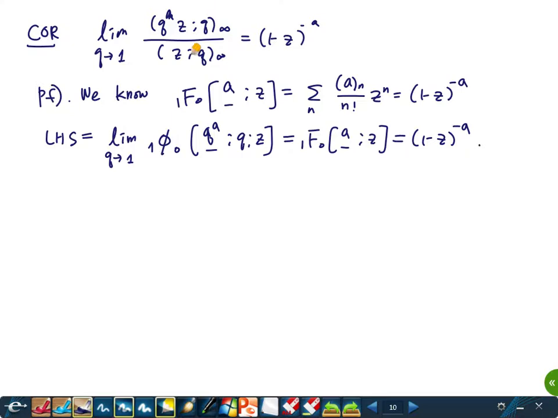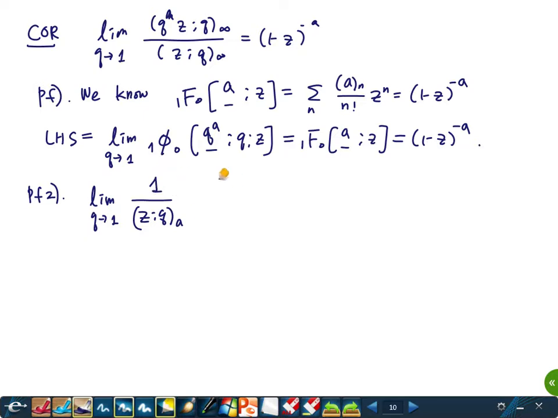And actually, there's a better way. But of course, another short proof is this is nothing but (Z; Q) raised to A over 1 if A is an integer.